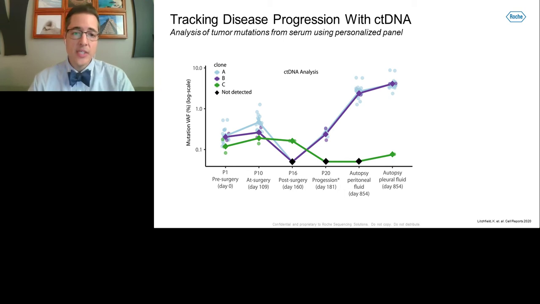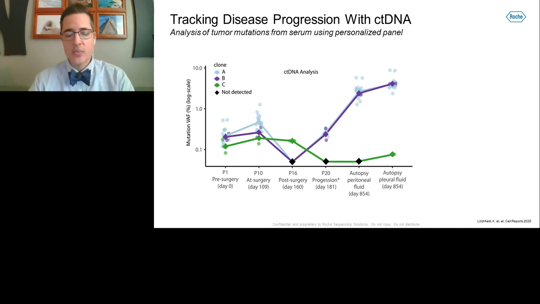And here you can see that each of the 3 clones are presented in their specific colors. And you can see that pre-surgery and at surgery, all 3 clones are represented at fairly high levels. Whereas right after surgery, 160 days after surgery, I should say, both clones A and B seem to have fallen off and are undetectable, whereas clone C predominates.